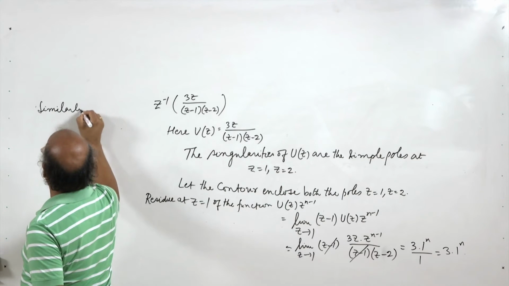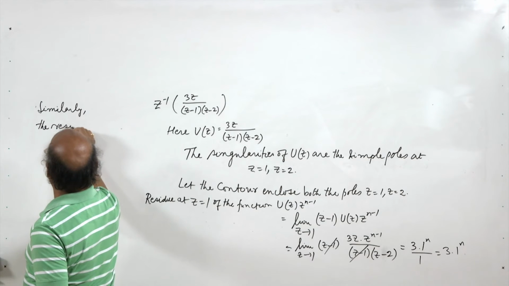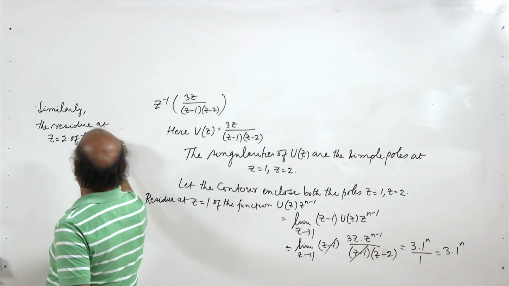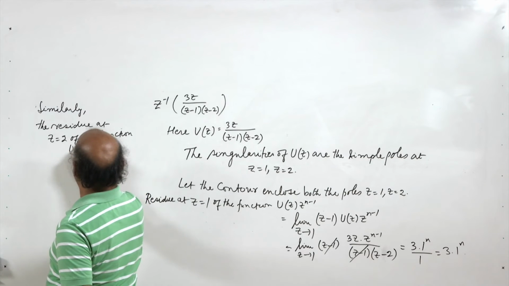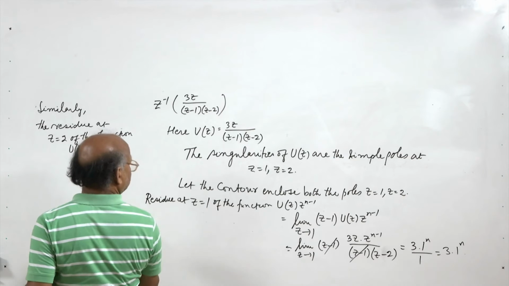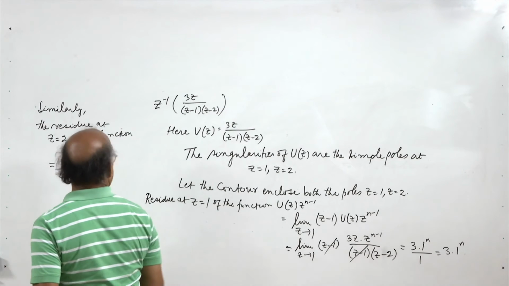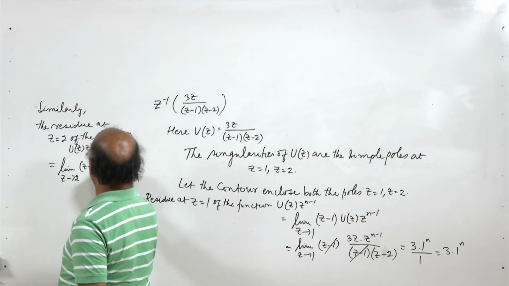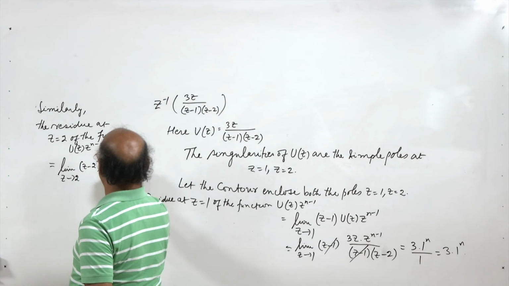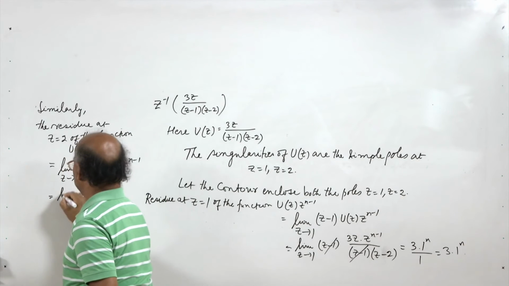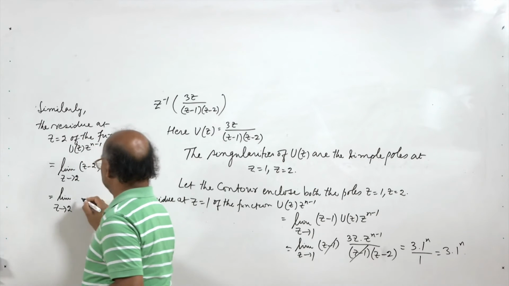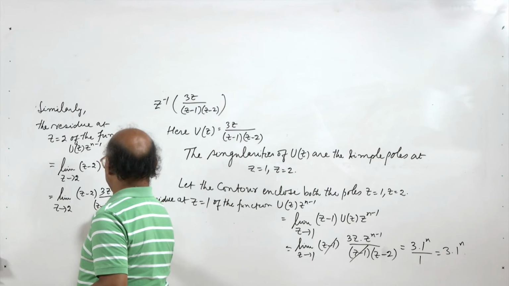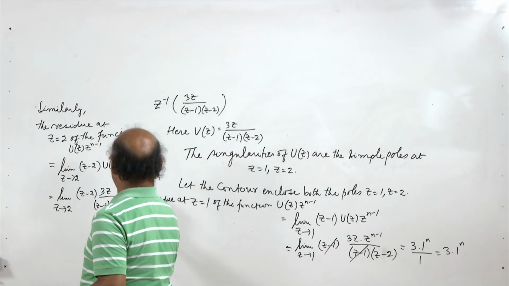Similarly, the residue at z equal to 2 of the function U(z) z to the power n minus 1 is equal to limit z tends to 2 of (z minus 2) into U(z) into z to the power n minus 1, which will be equal to limit z tends to 2 of (z minus 2) into 3z divided by (z minus 1)(z minus 2) into z to the power n minus 1.